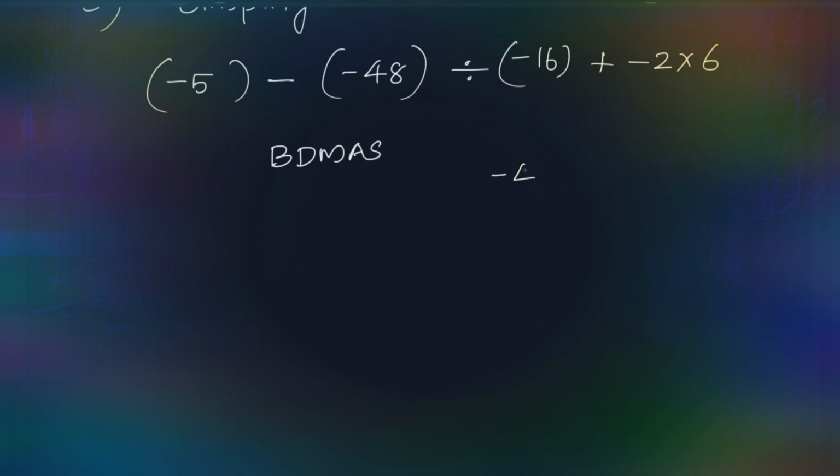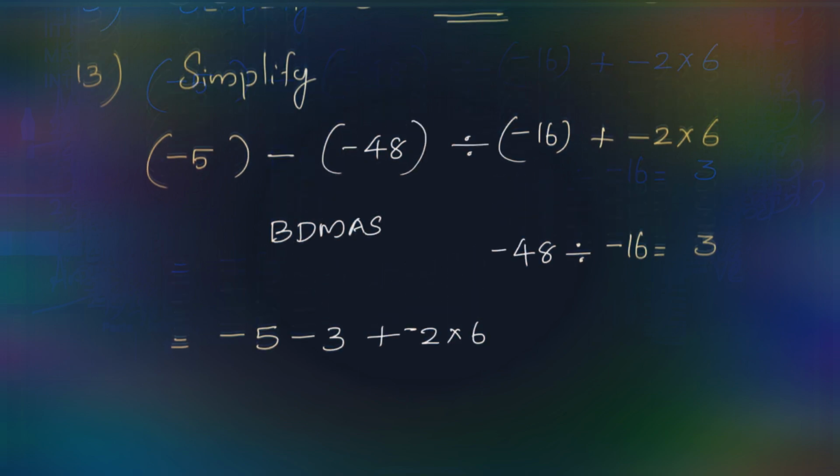So we first do the calculation: negative 48 divided by negative 16 is equal to positive 3. So our question can be rewritten as negative 5 minus 3 plus negative 2 into 6.